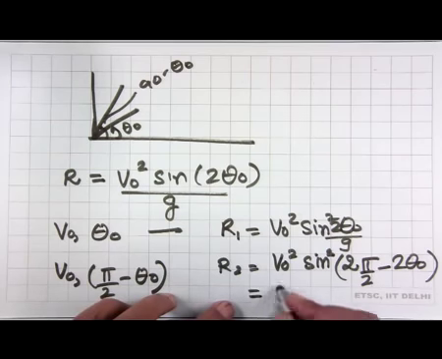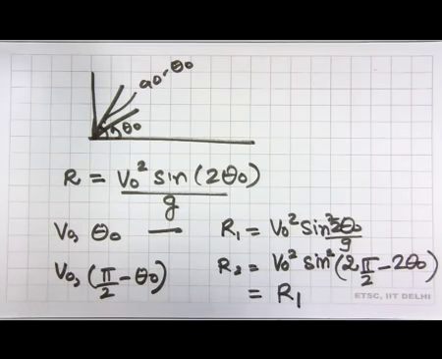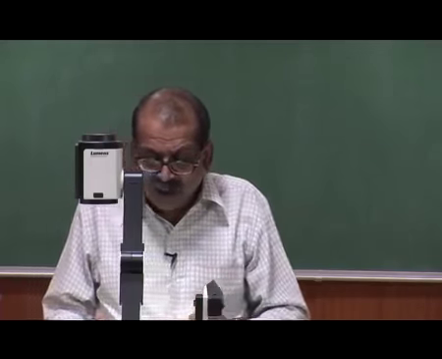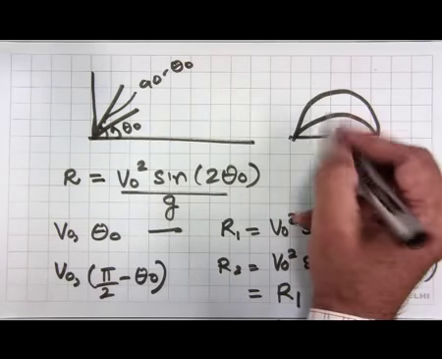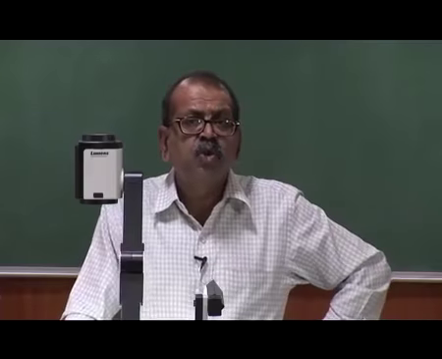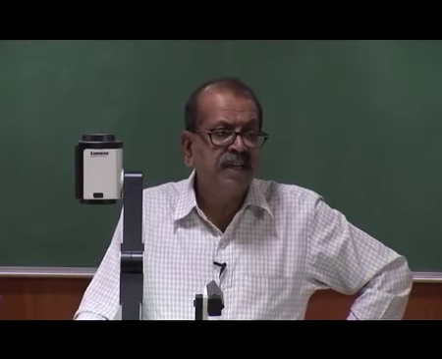So, this will be equal to r1, because sine of pi minus theta is equal to sine of theta. So, for a given initial velocity, the same range will be covered by two angles, and the sum of these two initial angles will be equal to 90 degrees.